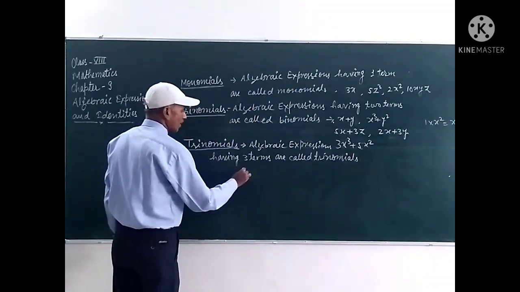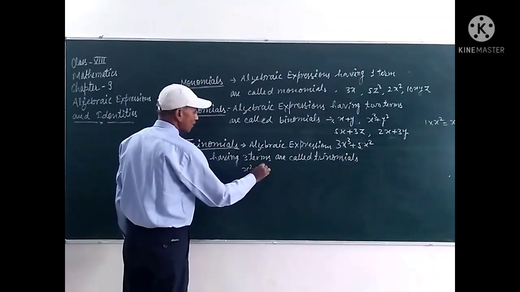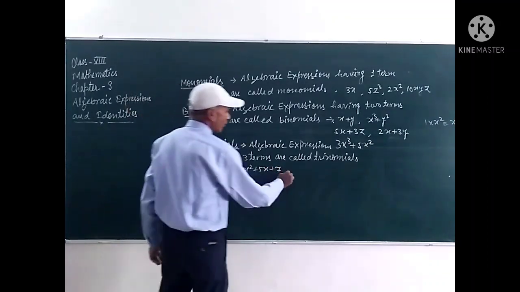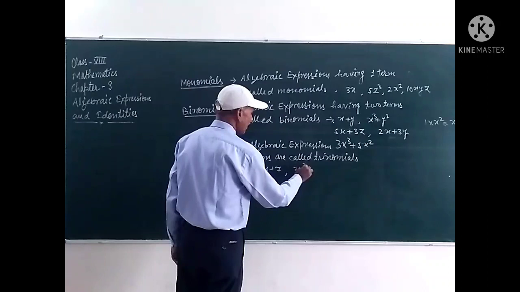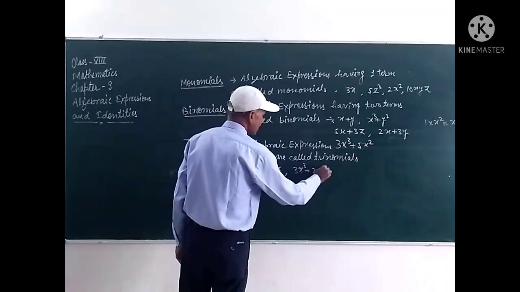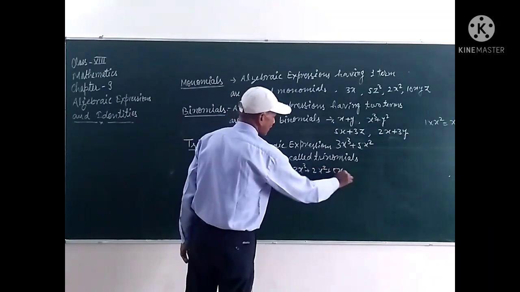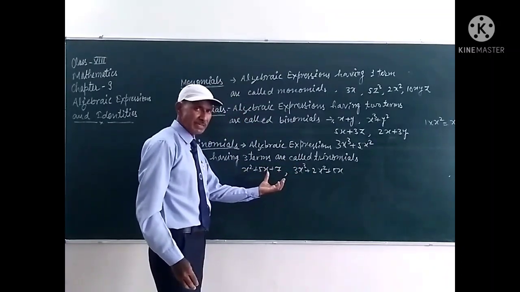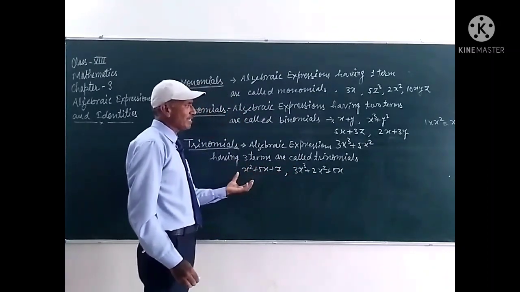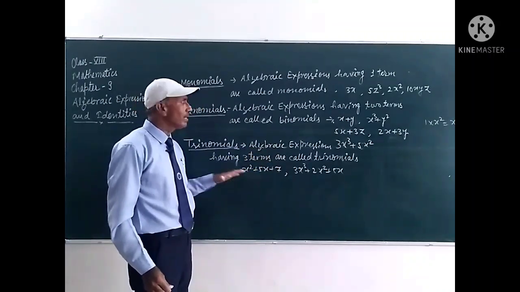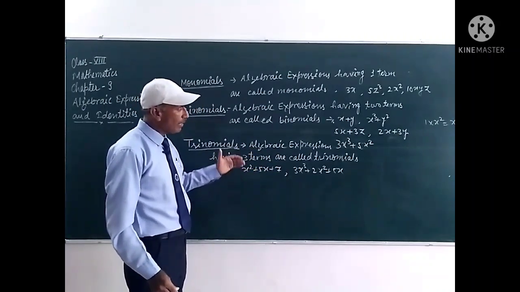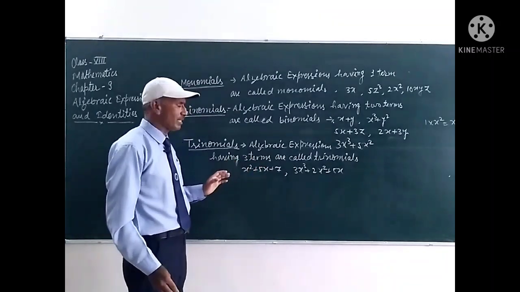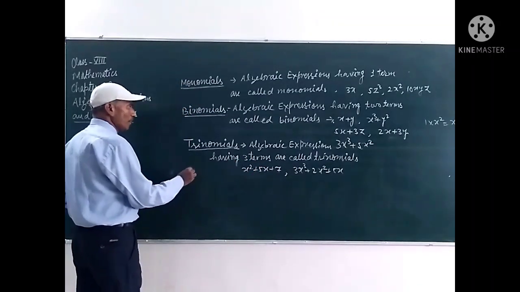Like x square plus 5x plus 7, this one is a trinomial. 3x cube plus 2x square plus 5x, this one is a trinomial, student, because it has three terms. So all algebraic expressions which have three terms are called trinomials, student.